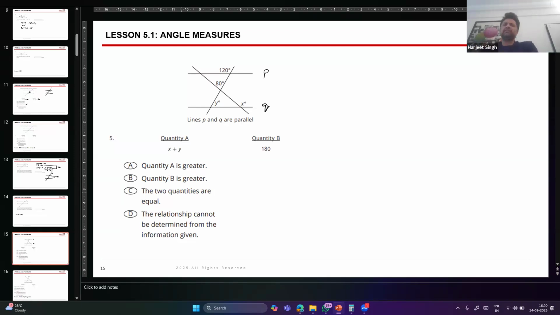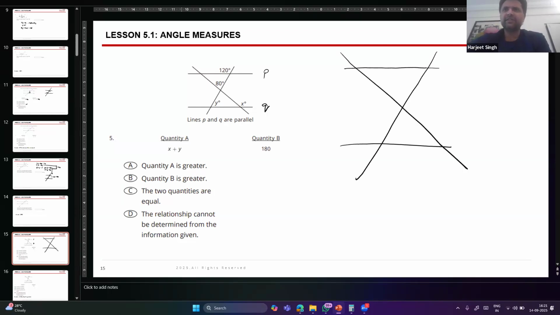So are these equal, greater, less, or cannot be determined? I'm going to create a slightly larger diagram so that you can understand.